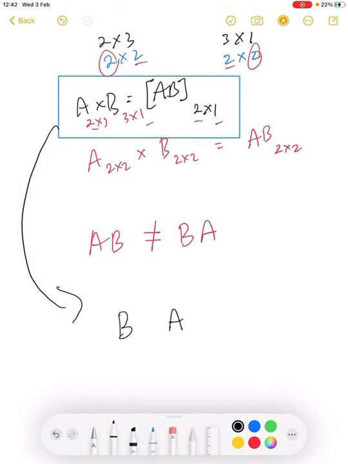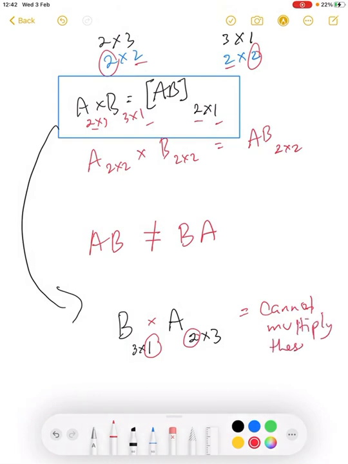What happened? So B is a matrix of order 3 by 1 and A order is 2 by 3. Okay, can you see these two are different? So we cannot multiply B times A. Cannot multiply these two.